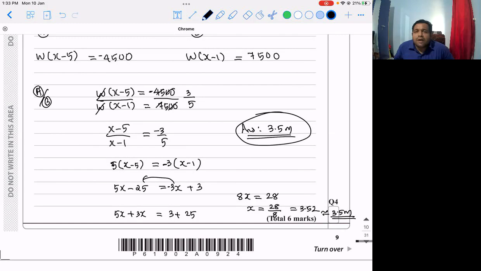Please be very careful while bringing the terms to the other side, because if you are missing that minus, the answer will be wrong. Okay, so this is minus 4,500 according to our equation. So that's the idea about this question.